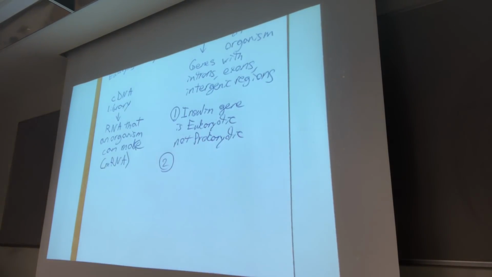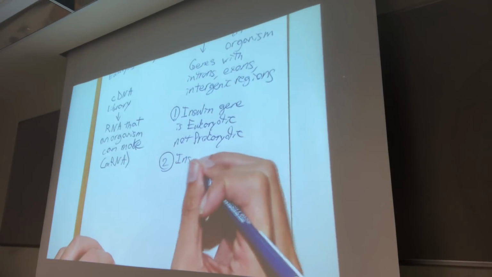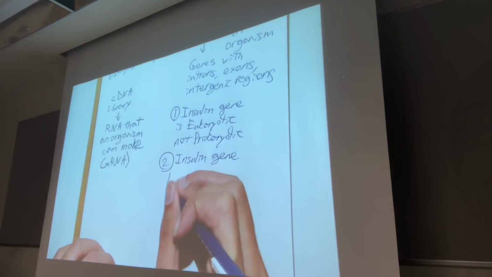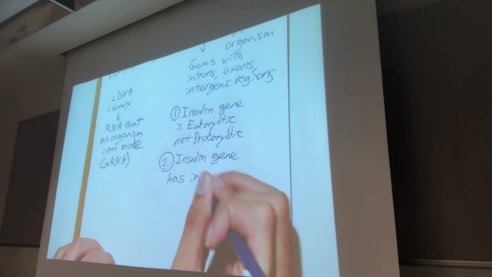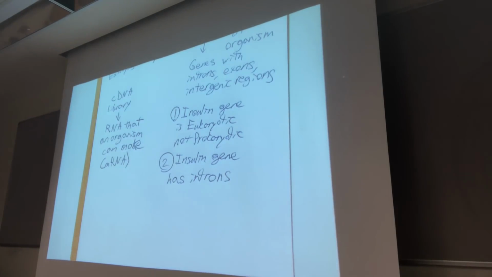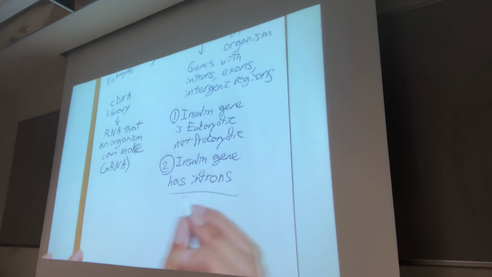Problem two, and it kind of ties in with problem one, the insulin gene has introns in it. Do prokaryotic genes have introns in them? No. The answer is no. Prokaryotic genes do not have introns in them. Genes are packed very close to each other in prokaryotes, so this actually is a huge problem.